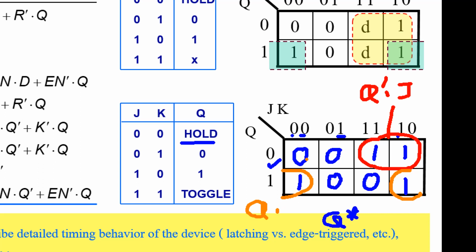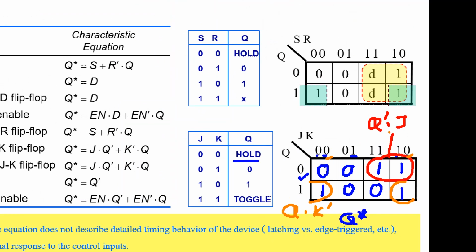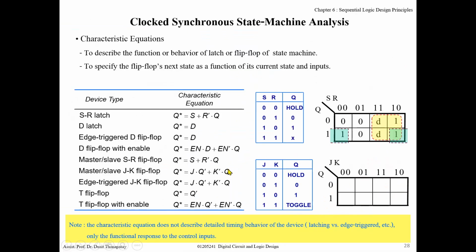Q and K prime. Okay, and you combine these two terms, so you get the equation of the JK flip-flop as J Q prime plus K prime Q. Okay, get this one.